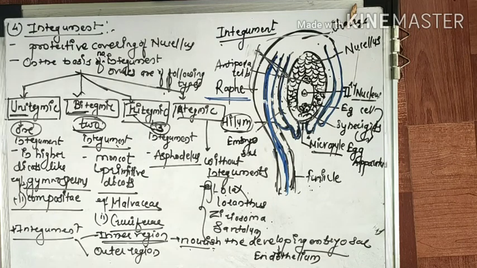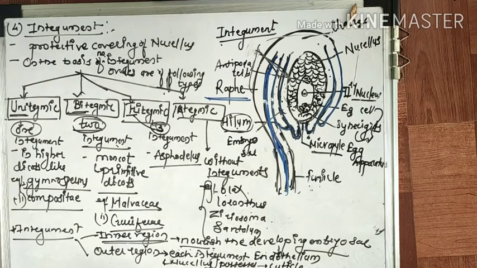What do you mean by endothelium? The inner region of the integument nourishes the developing embryo, and it is called endothelium. Now the outer region of each integument and the nucellus possess one structure, that is called the cuticle.